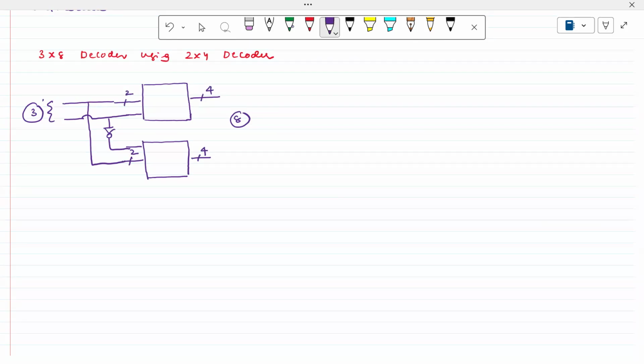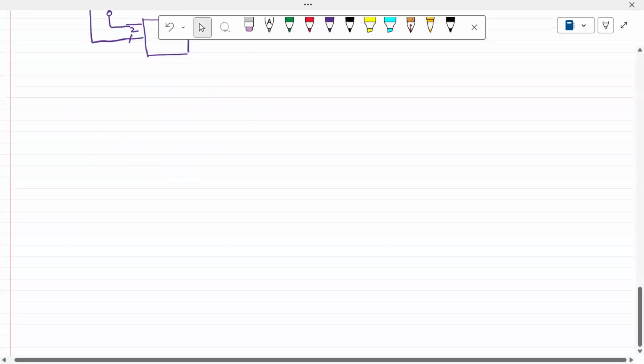But unfortunately, we have realized only the two-input 2x4 decoder. We have not included the enable signal in the 2x4 decoder. Let us add the enable signal to it. So quickly, let us look at that one.